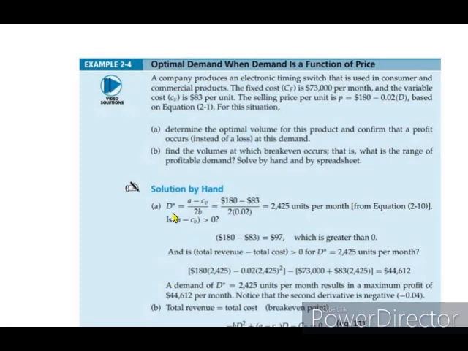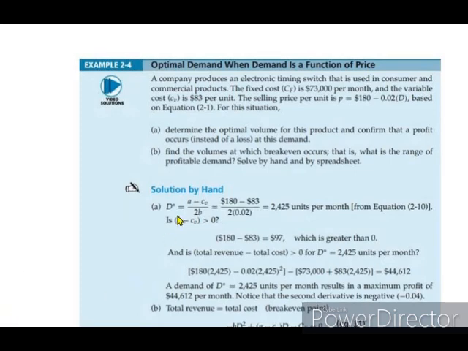So demand, or the optimal volume, is equal to A minus C sub U all over 2B. So our A here is the intercept of the price axis. So you have your price here. So what is the intercept here? The intercept is 180. That's why it is 180 here.